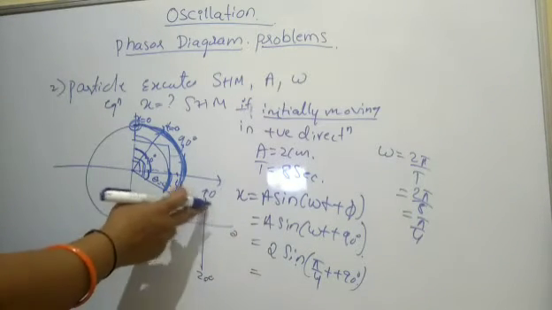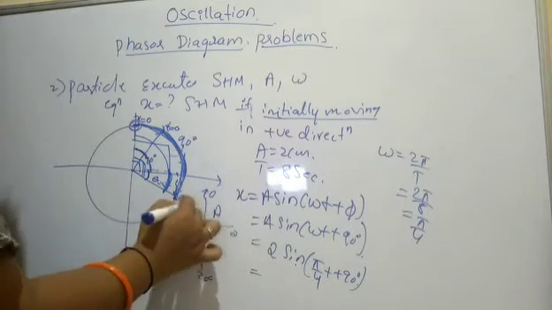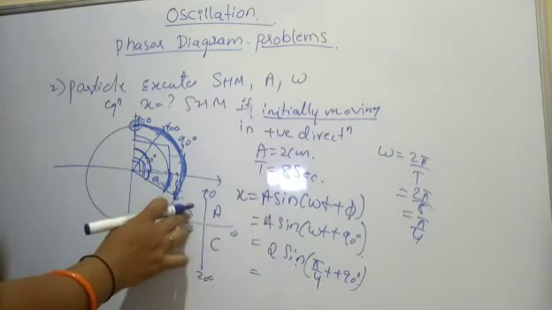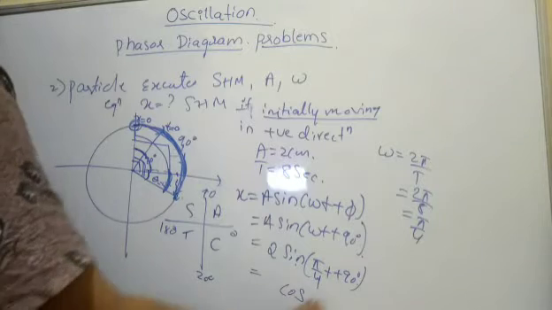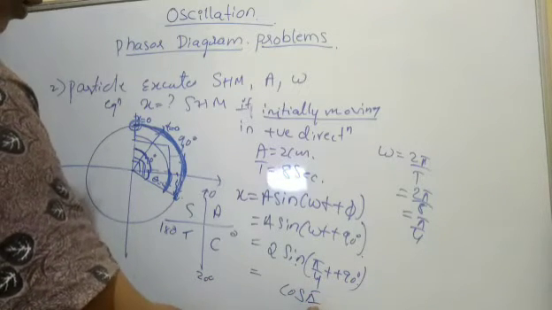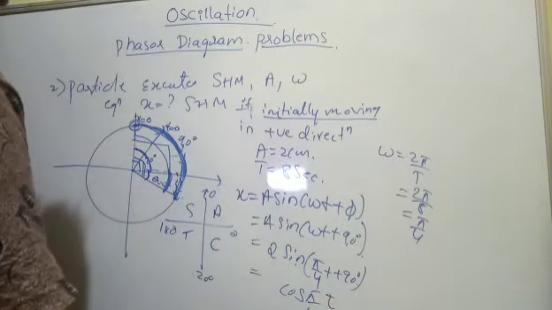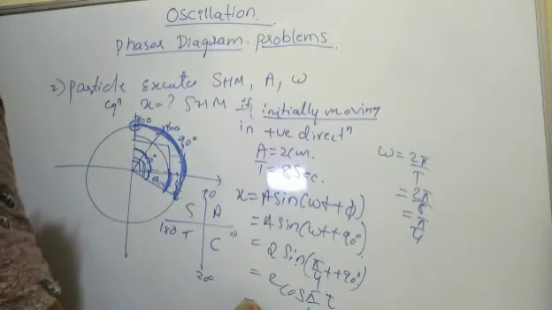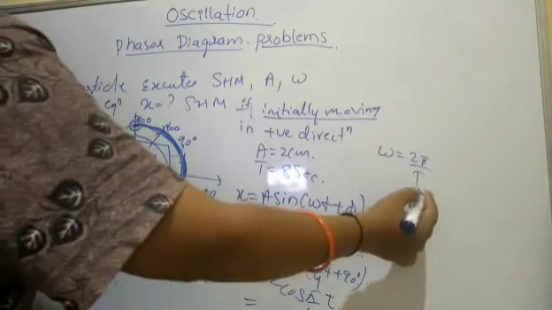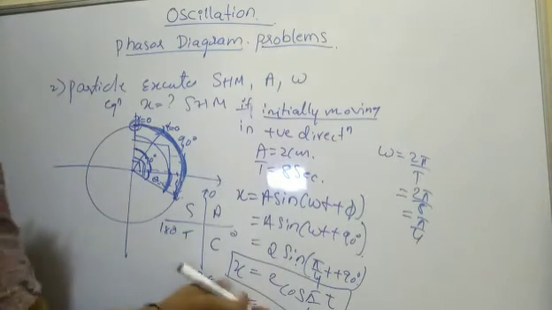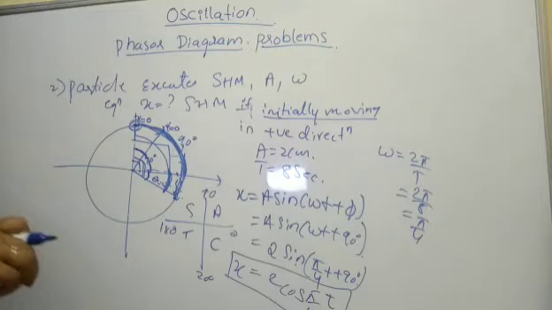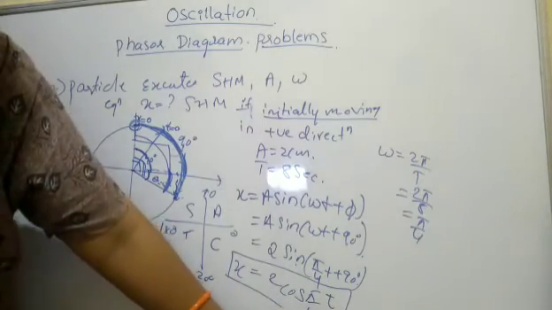So 90 plus theta is in the second quadrant, where sine is positive, but it changes to cos, so pi by 4 t, and 2 is there here. This is the equation of a particle executing simple harmonic motion by using the phasor diagram solution here.